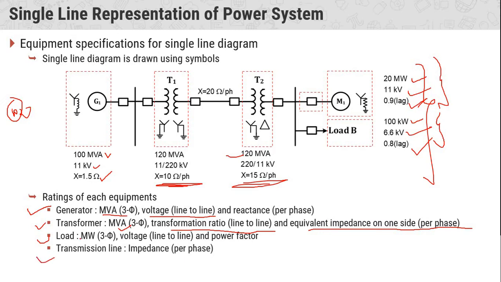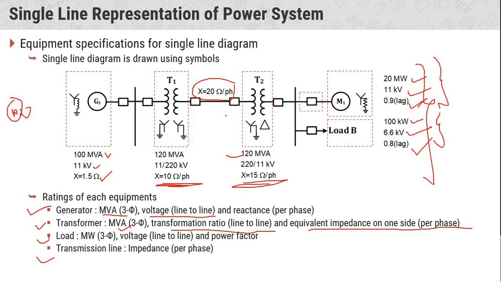And for the transmission line we require the impedance per phase. This is the equipment specification for the single line diagram. This specification we require to draw the single line diagram. The generator requires MVA 3-phase, voltage line to line and the reactance per phase.